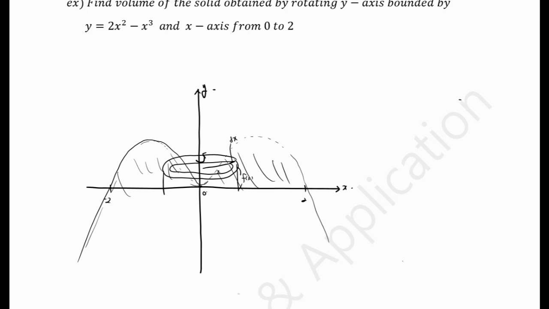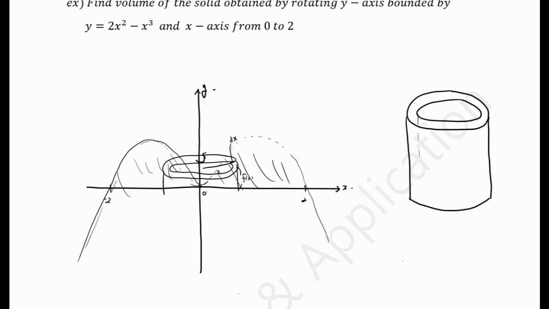This cylinder is drawn like this, with radius x, thickness dx, and height f(x), which is 2x squared minus x cubed.